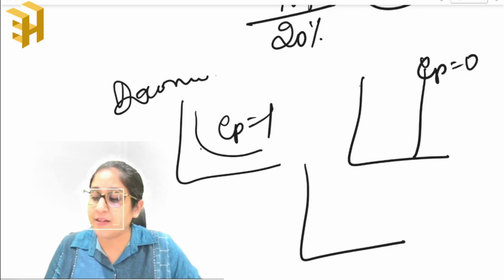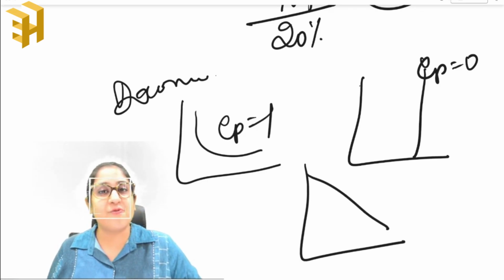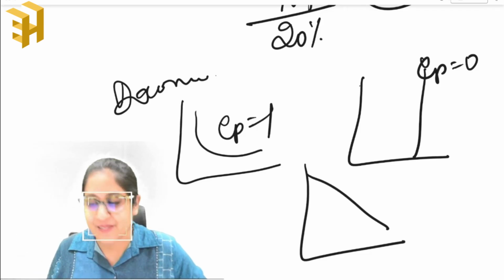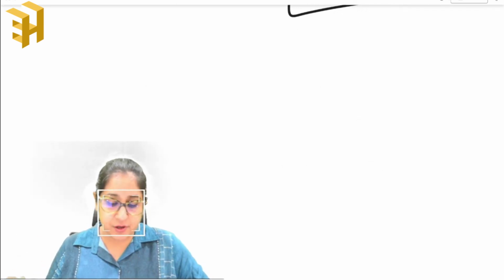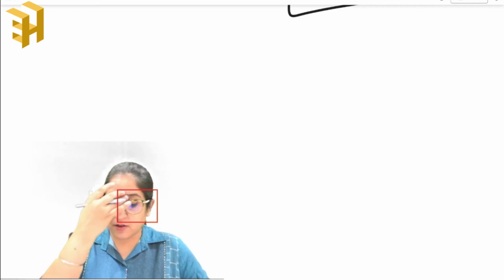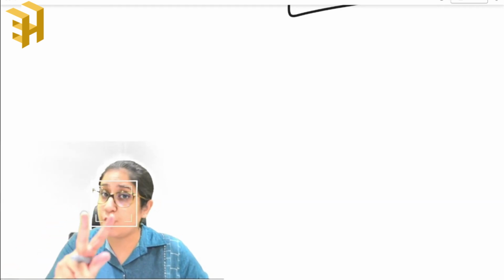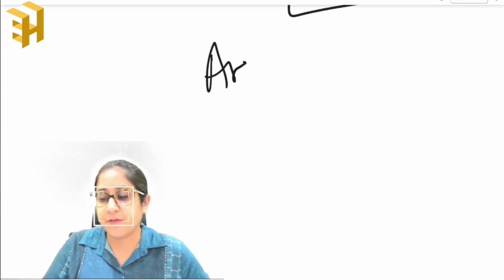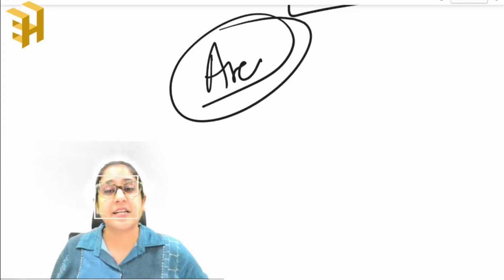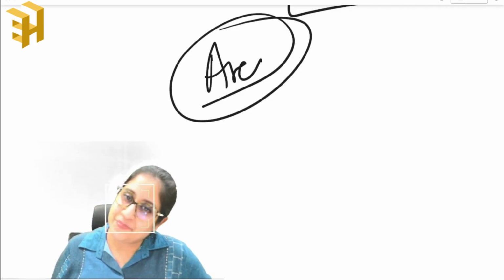It is only the linear demand curve which is showing different elasticities at different points. Next question, which method is most appropriate when elasticity is measured between two distinct points? We've read this. That is your arc elasticity method. That is your midpoint method.